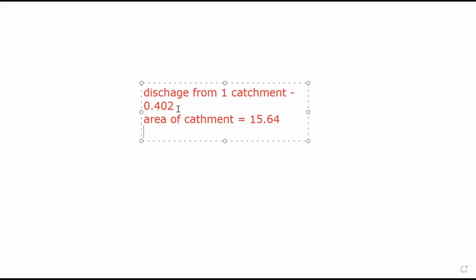So common sense will tell me that the total amount of water coming from that catchment will be the product of the two. If you multiply these two, you're going to get 6 point something.